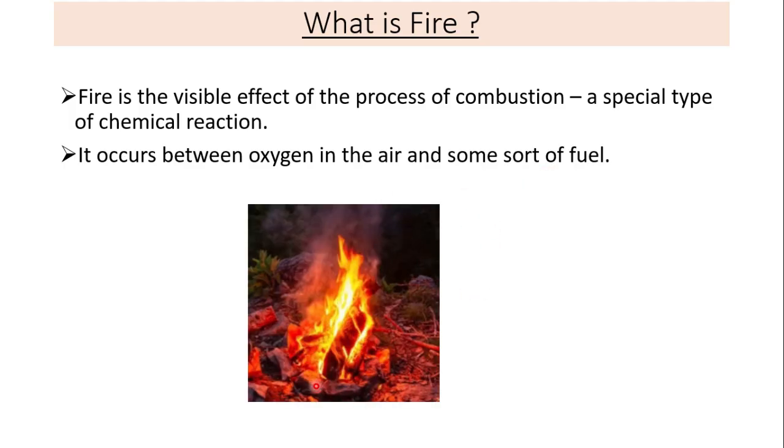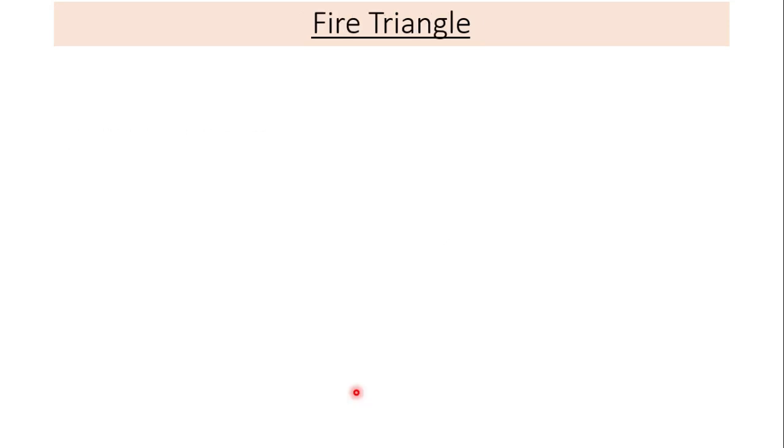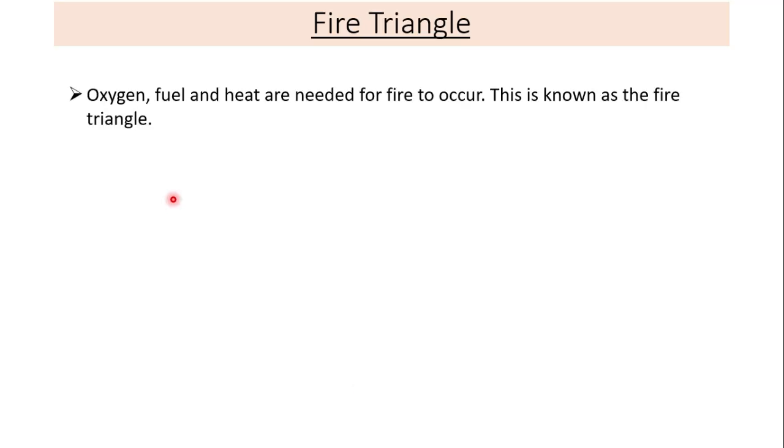So what are the sources of heat in buildings? The common sources of heat include open flames, for example in the kitchen, and electrical equipment and sparks, that is, short circuits. If a short circuit happens, heat is also generated. Without sufficient heat, a fire cannot start or continue burning.